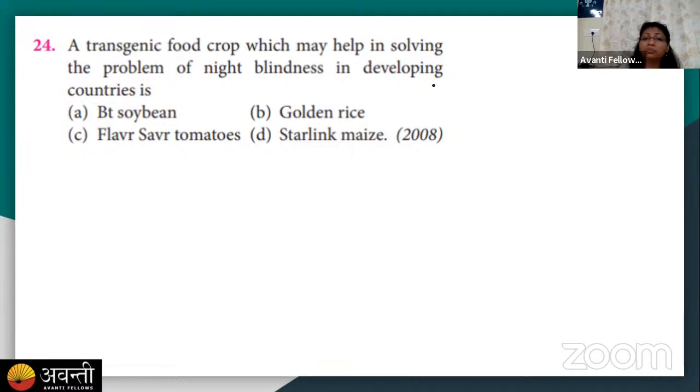And it is done by the process of biofortification. Yes, the answer is correct. The answer is B, that is golden rice, because golden rice is introduced with the beta carotene gene from a daffodil to increase the production of vitamin A. And we all know the vitamin A deficiency causes night blindness. So here we are preventing night blindness. Okay.